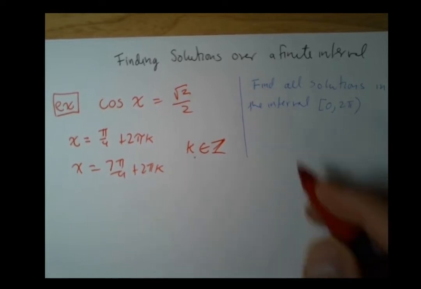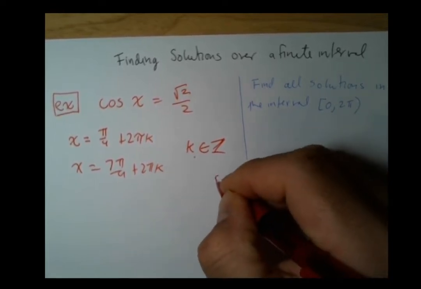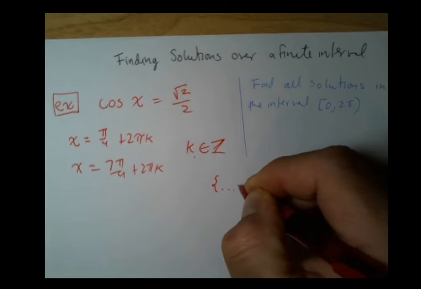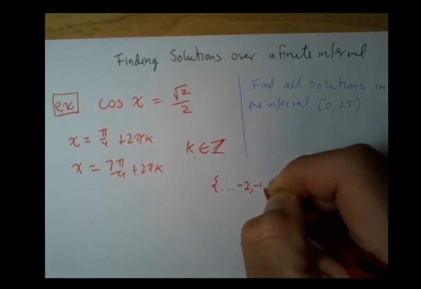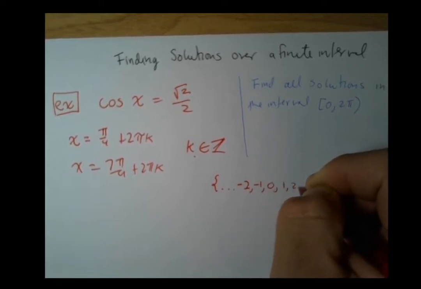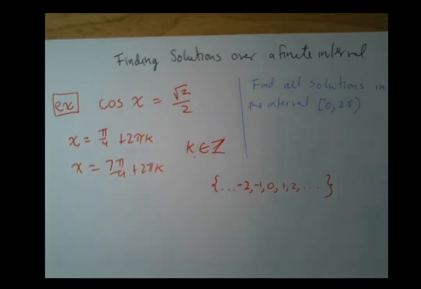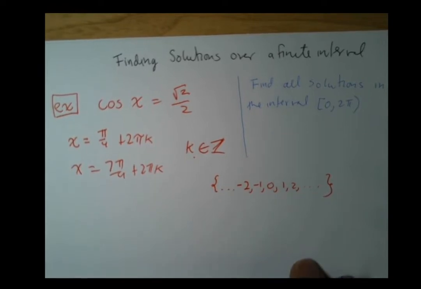Now keep in mind k is an integer. So what that means is k takes on values like -3, -2, -1 in the negative direction, and 0, 1, 2, 3, etc. in the positive direction. Integers.